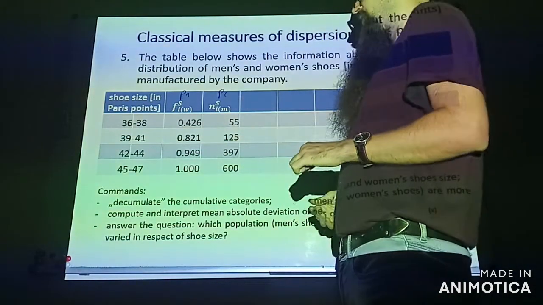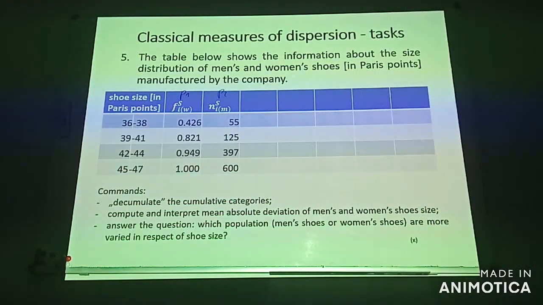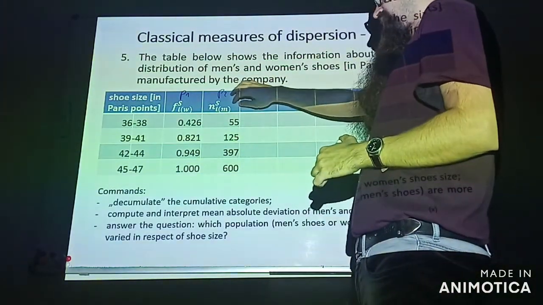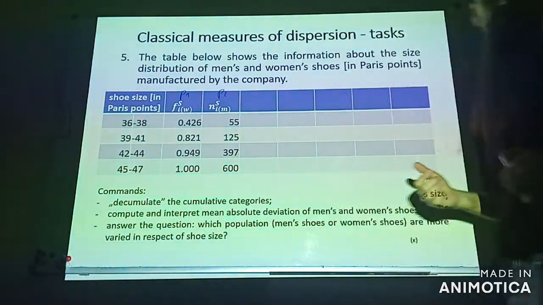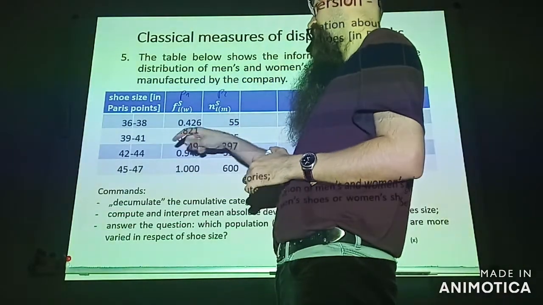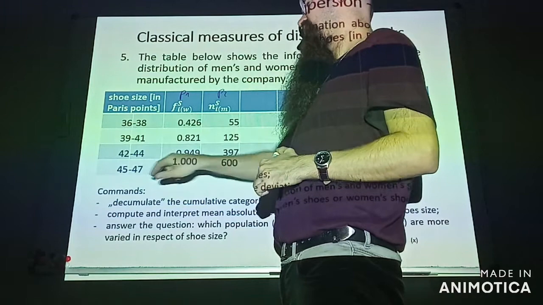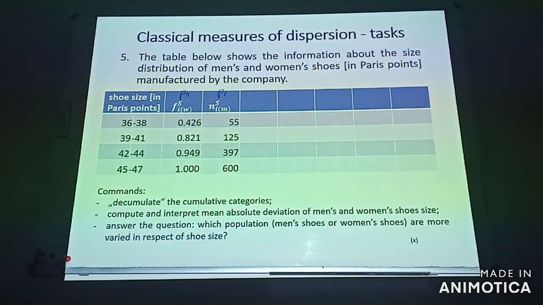Here we have the cumulative distribution of men's shoe size expressed in absolute terms. Yes, because here we see the number of shoes that are characterized by a shoe size not higher than the upper bound of a particular class.